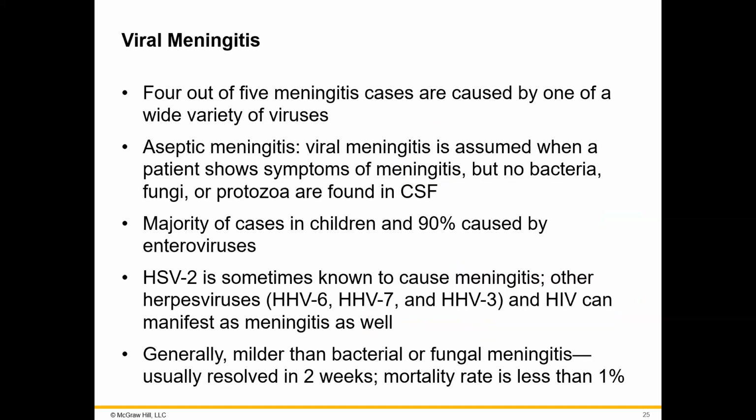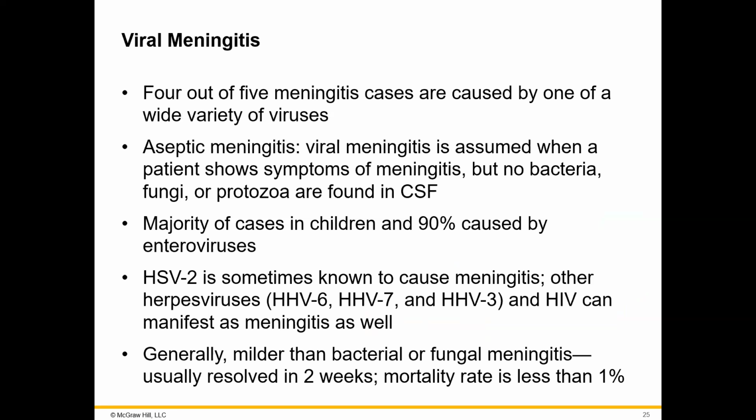Next is the viral meningitis. That's it for bacterial and fungal. Now we're into viral. 4 out of 5 meningitis cases are caused by one of a variety of viruses. So most meningitis cases are going to be caused by viruses, 4 out of 5.